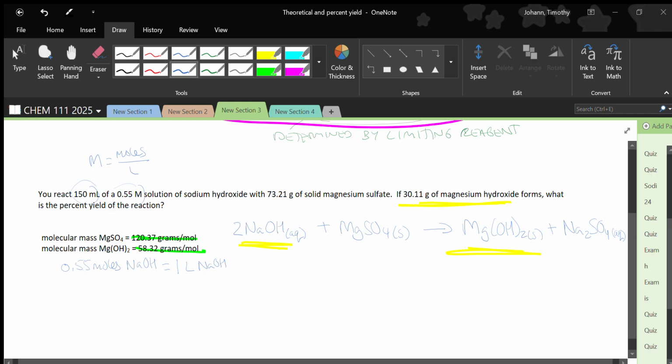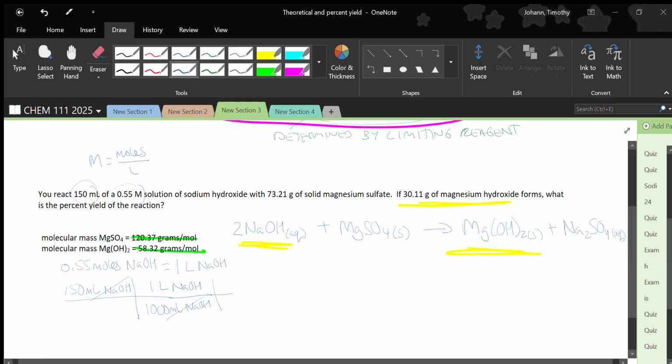So I'm going to need to put my 150 milliliters in liters. So I have 150 milliliters of sodium hydroxide. If I had 1,000 milliliters of sodium hydroxide, that would be equal to 1 liter of sodium hydroxide.